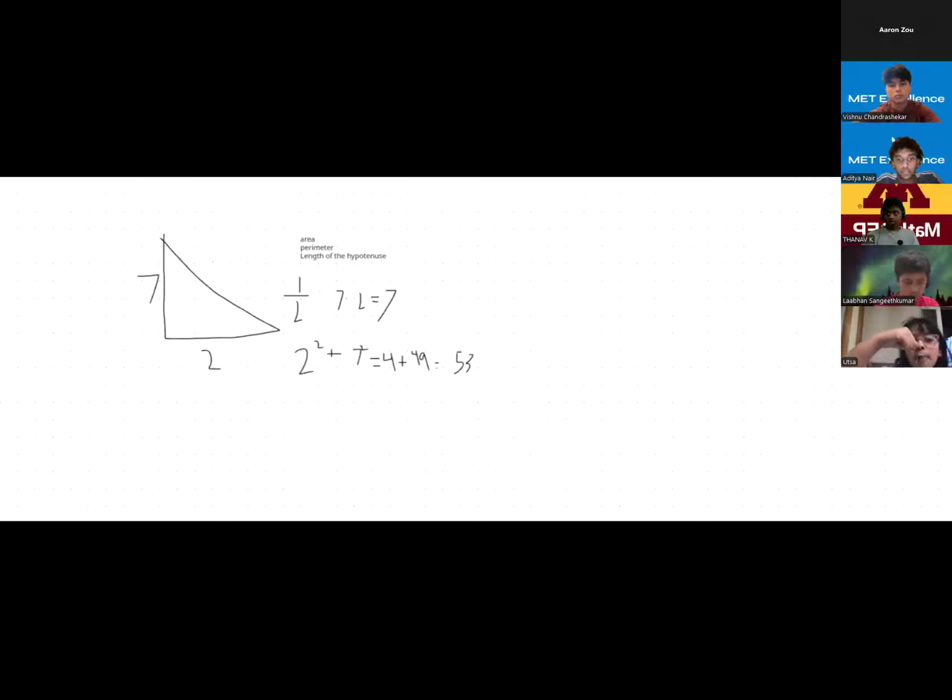And as a lot of you said, because c squared is equal to 53, we're going to take the square root of both sides. A square root just undoes the squared. So we get c equals square root of 53, and we can write that right here. So what would that make our perimeter now that we know the length of the hypotenuse is square root of 53?